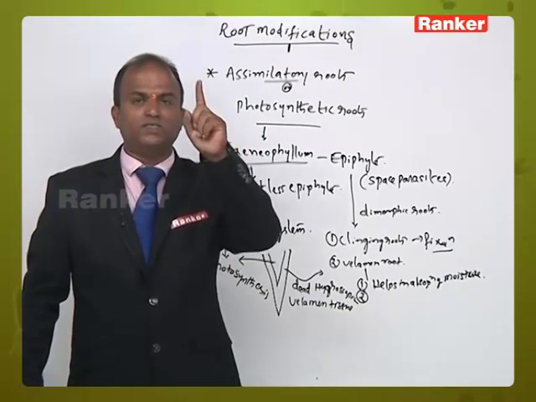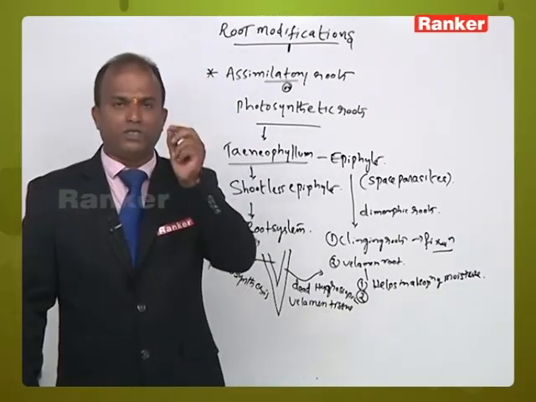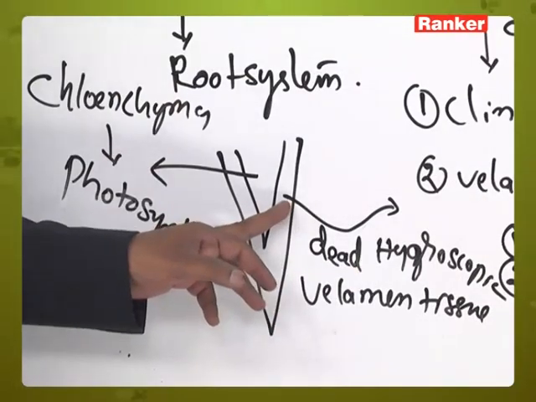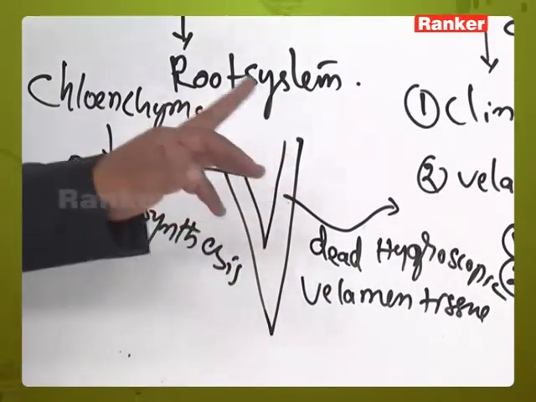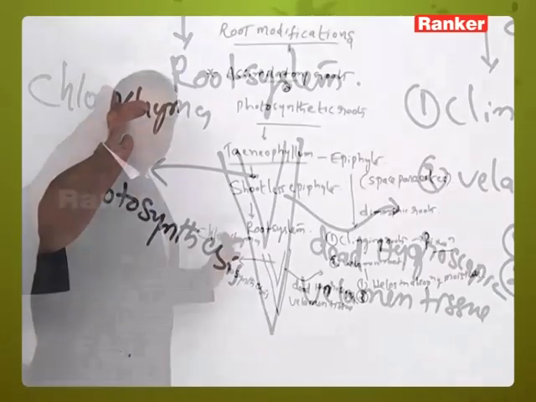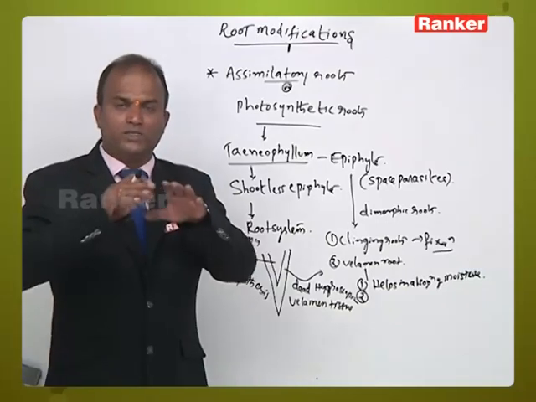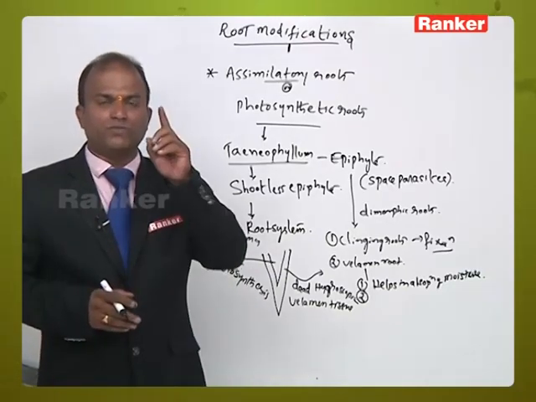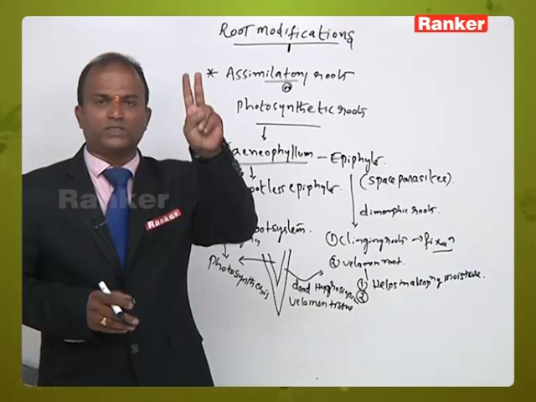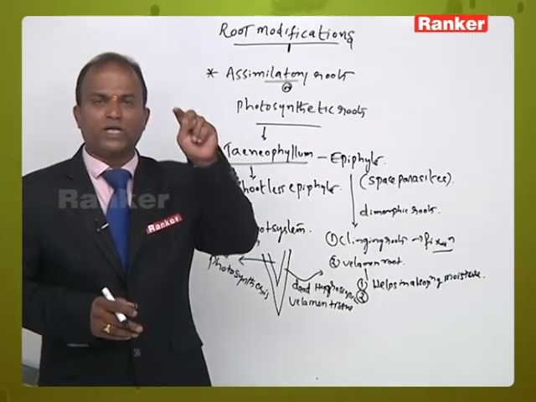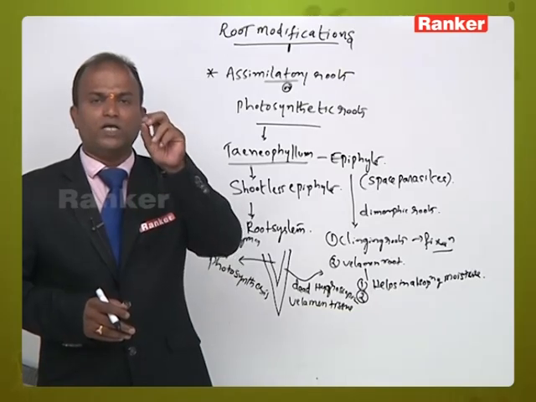One is absorption of moisture due to the dead hygroscopic velamen tissue present on the outer surface. Whereas the inner surface, as it contains chlorenchyma, plays an important role in photosynthesis.